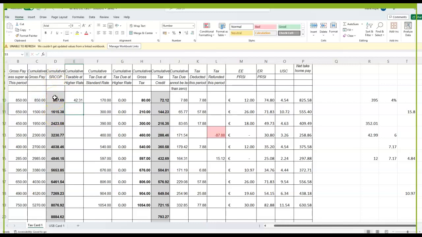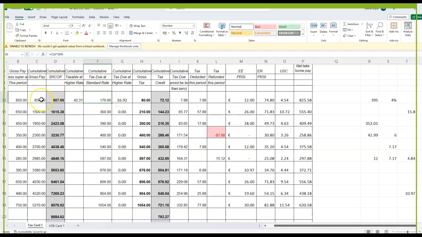Okay, so we will have 42.31 applicable at the higher rate. So over here then, 42.31 multiplied by 40%, and that's going to give me 16.92. The biggest mistake that is made here is taking the total amount of income at the standard rate.